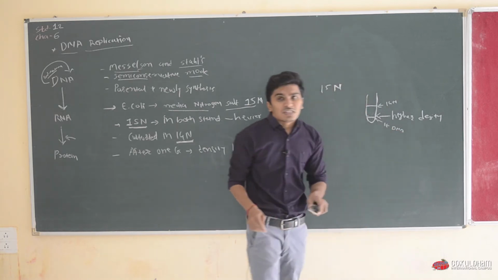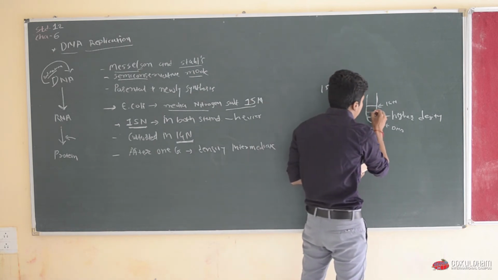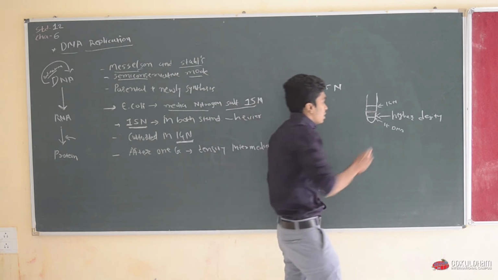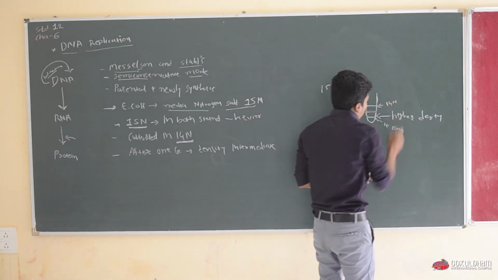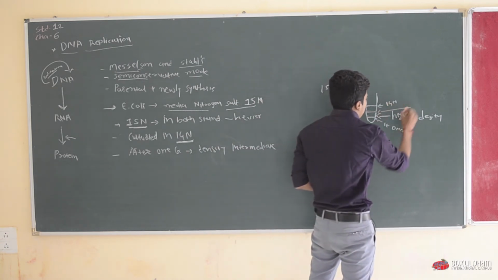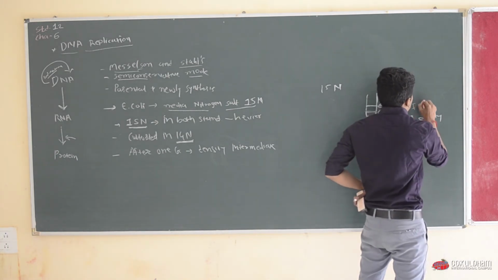But after one generation, they found that the DNA had intermediate density, neither lighter nor heavier. They found that DNA in the first generation has intermediate density.